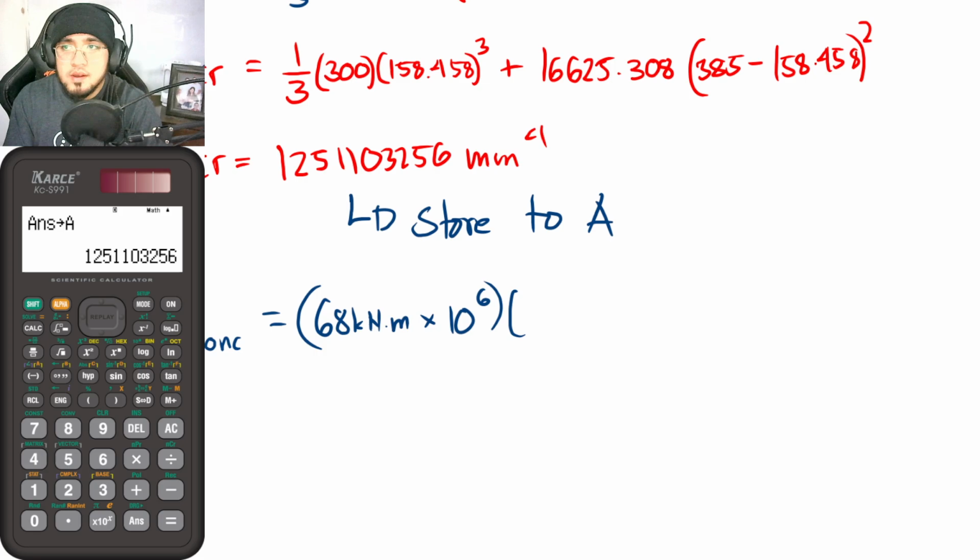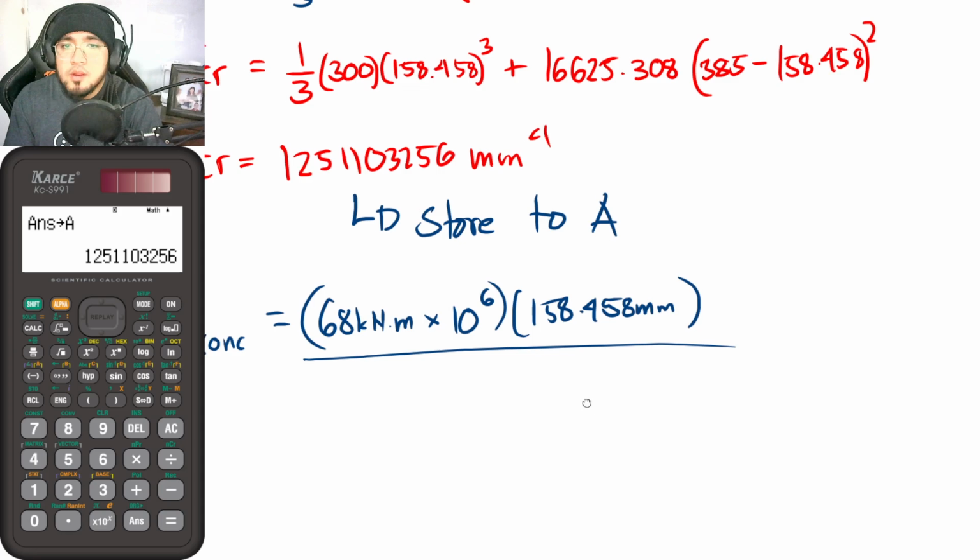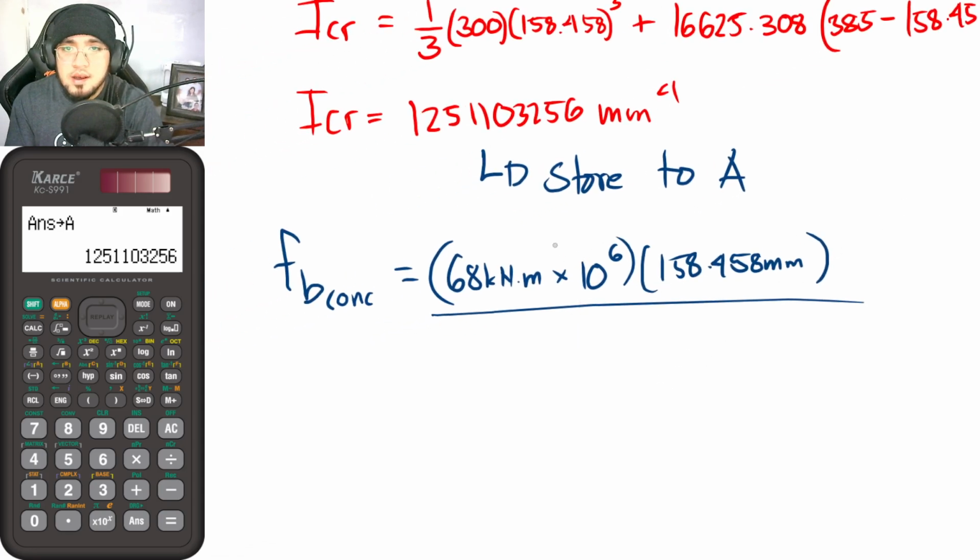So this is now equal to 158.458 millimeters divided by the cracked moment of inertia, that is Icr.